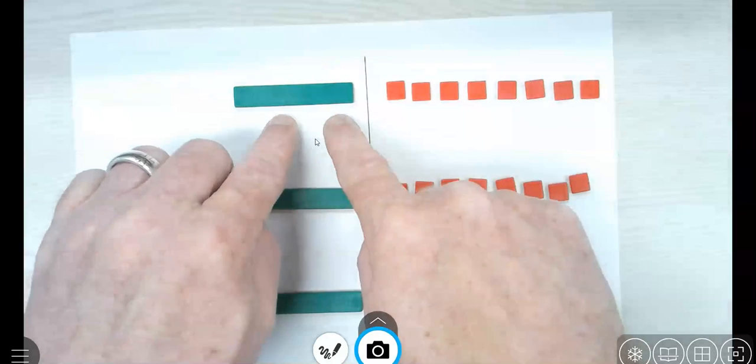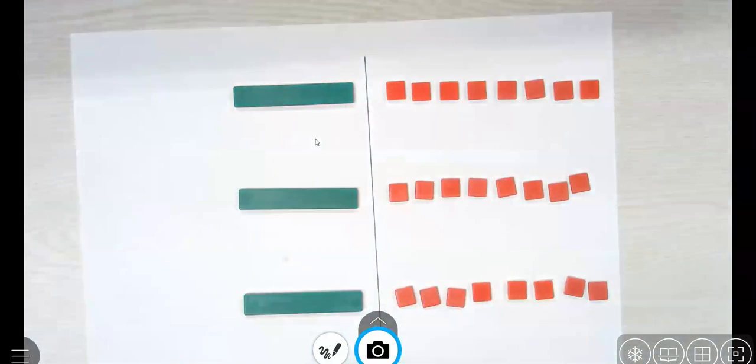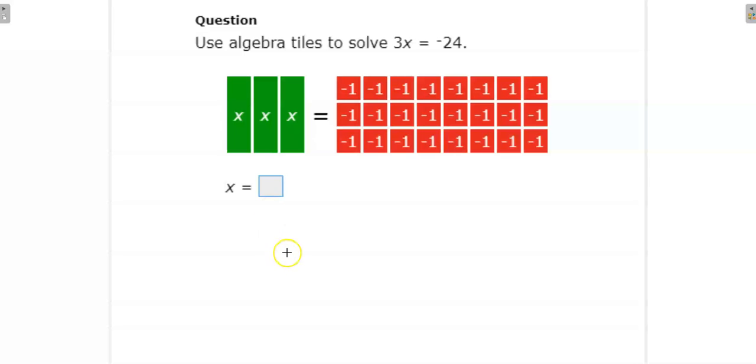So we can see that 1x indeed equals, and if you count them out, there's 8 of them. So in this case, our answer is x equals negative 8. One of these x's matches up to just one row, and we have 8. So 1x equals negative 8.